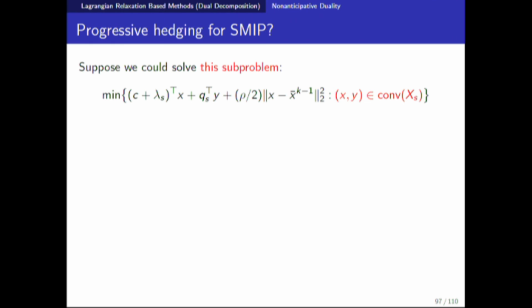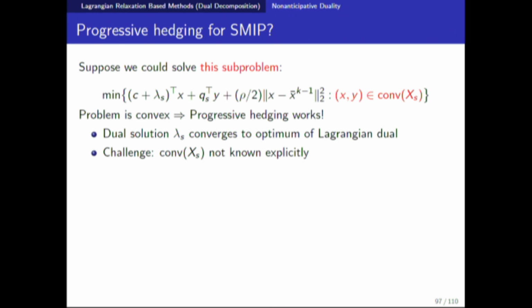That's a convex set by construction. So if I could solve that subproblem, I can just apply progressive hedging, and I would converge to an optimal dual solution.